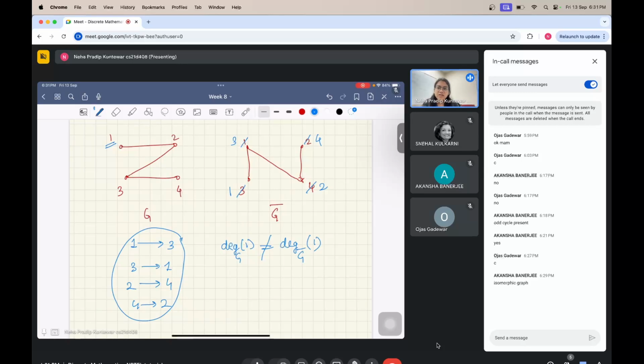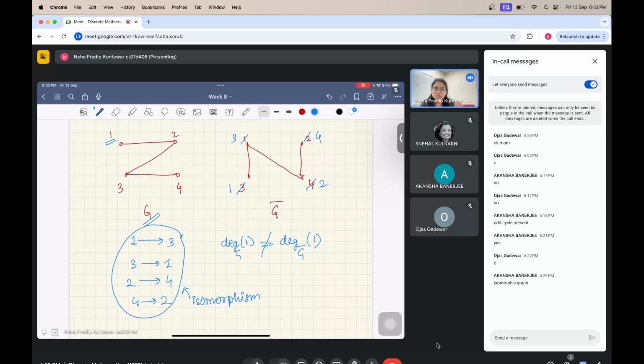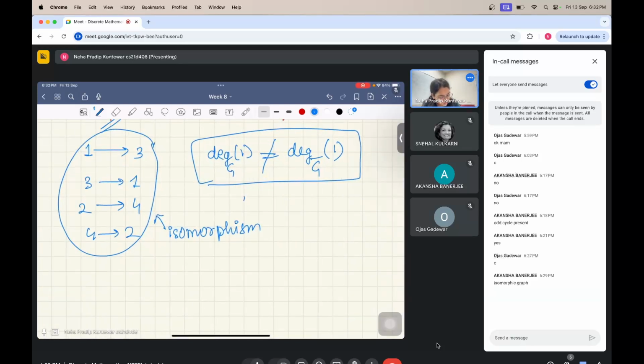I can just change the labels so that the graph becomes the same. So this is the isomorphism. So G is a self complementary connected graph, but you have a vertex like this, so therefore statement 2 is not true. Is this okay?